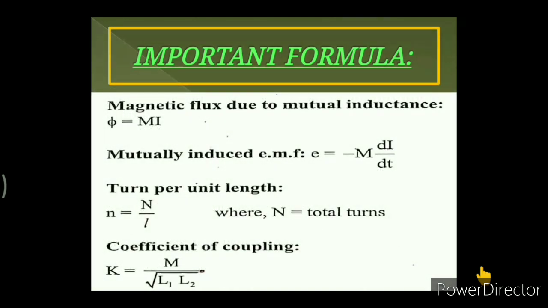Then we had seen the concept of mutual inductance. Mutual inductance is the interaction of one coil's magnetic field on another coil as it induces a voltage in the adjacent coil.